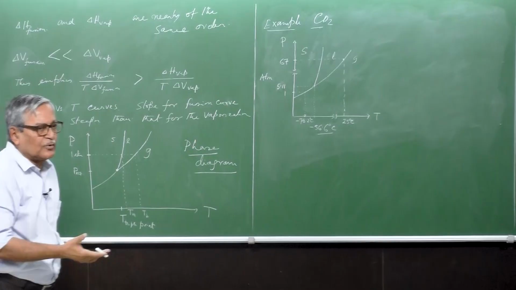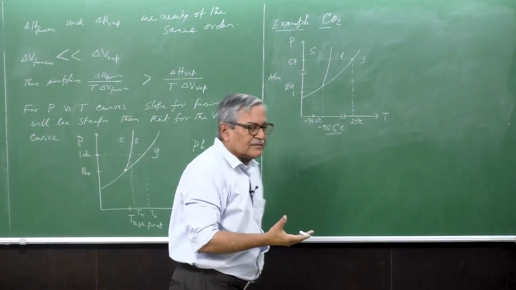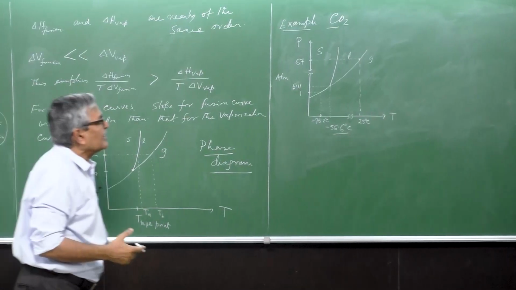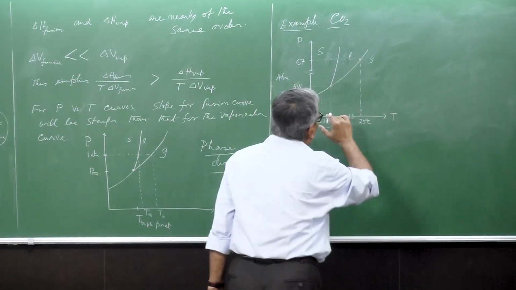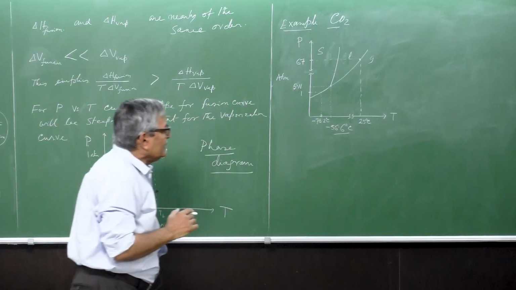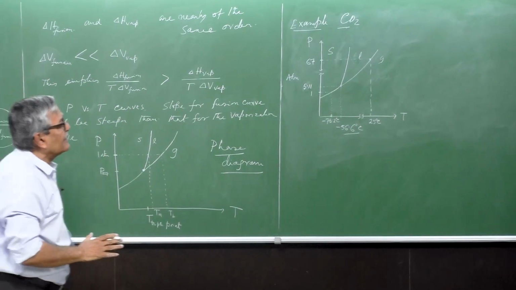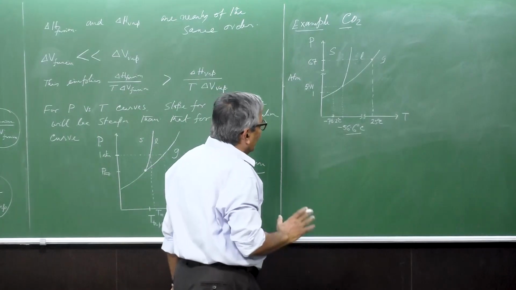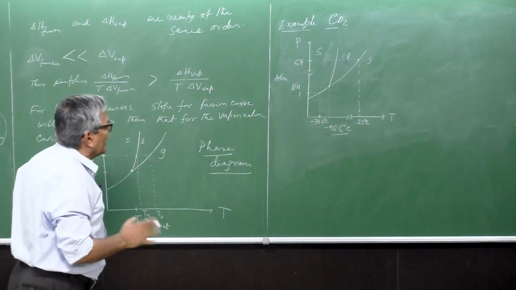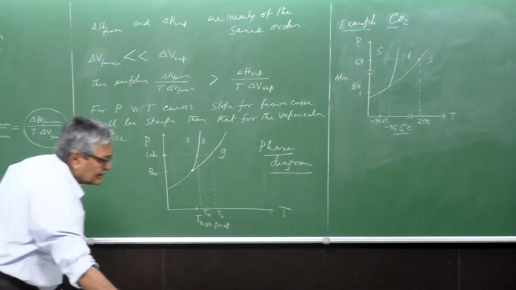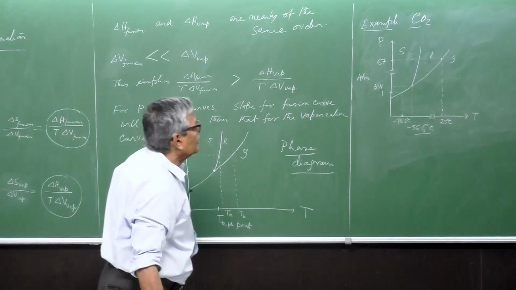So below 1 atmosphere, the carbon dioxide can exist as what is called dry ice. That is something that is already known. So this is one of the typical cases, the typical phase diagram for practical consideration. And we may go over to another case, that is for water.